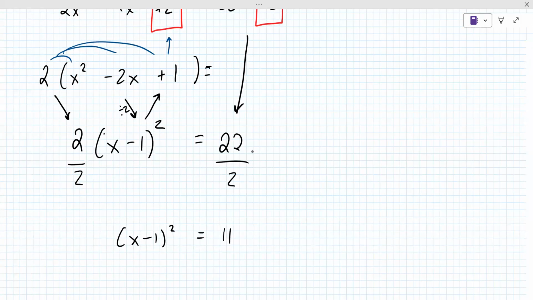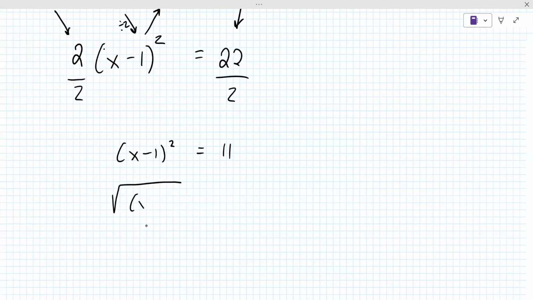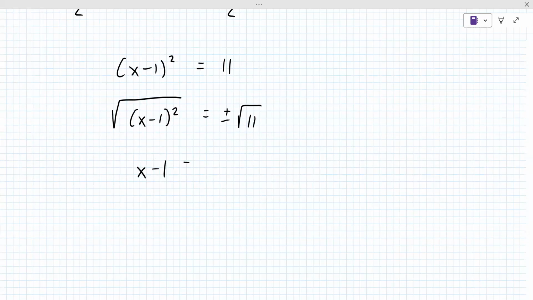So the whole point is to solve by completing the square, meaning you don't just complete the square, you solve. So here you're going to take a square root of both sides, plus or minus the square root of 11. Nice thing is that it's a positive number, so we can actually take the square root of it. x minus 1 equals plus or minus square root of 11.